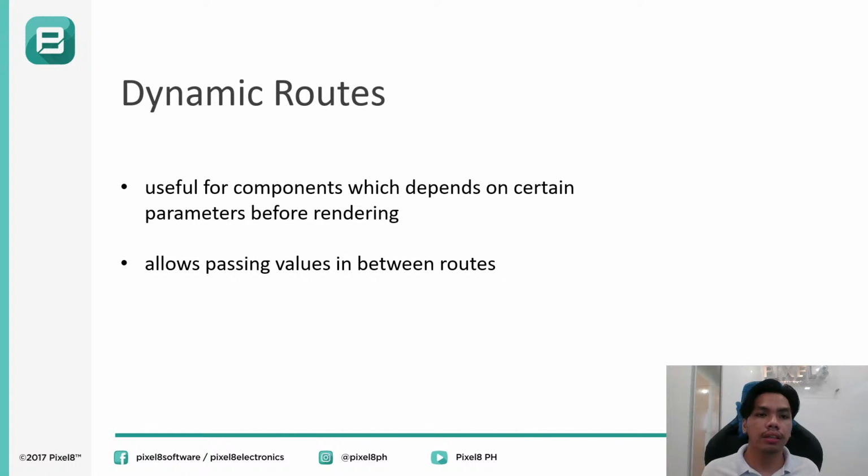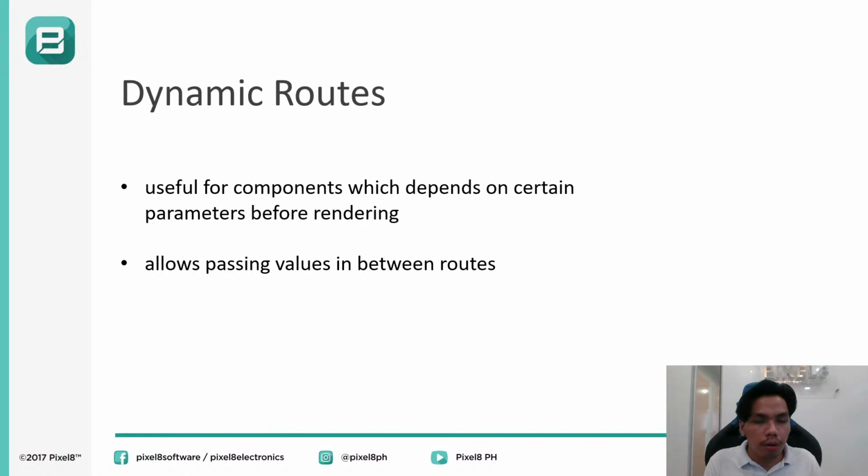Aside from having static routes, you can also achieve dynamic routes. Dynamic routes are a type of route which is useful for components which depend on certain parameters before rendering. For example, you have a component that requires a specific value before rendering, for example, ID.